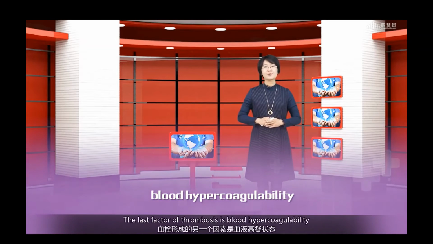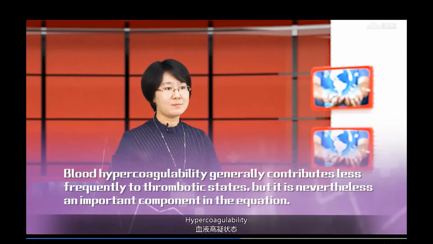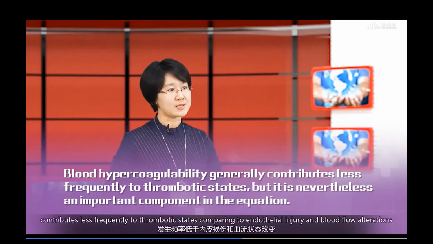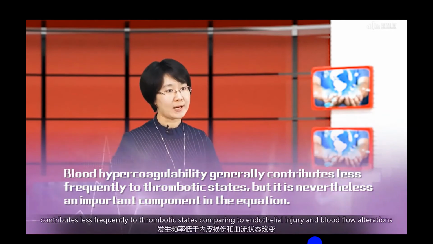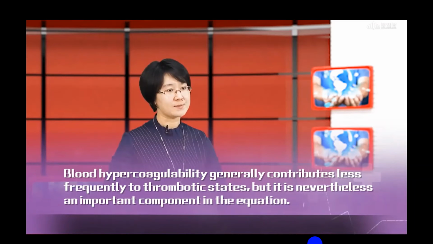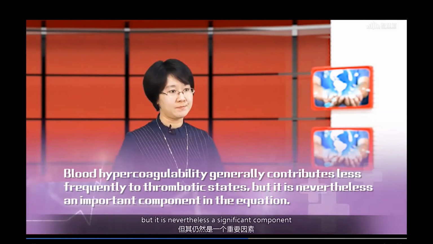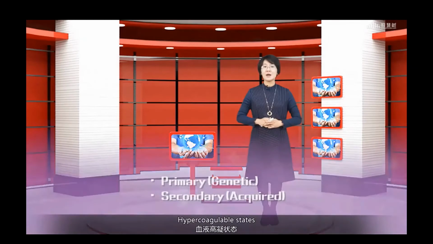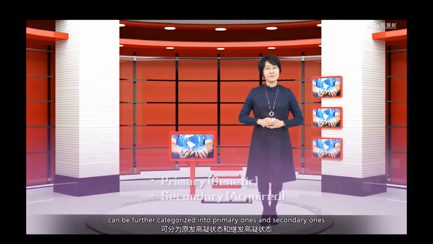The last factor of thrombosis is blood hypercoagulability. Generally speaking, hypercoagulability contributes less frequently to thrombotic states, compared to endothelial injury and blood flow alterations. But it is nevertheless a significant component. Hypercoagulable state can be further categorized into primary ones and secondary ones.